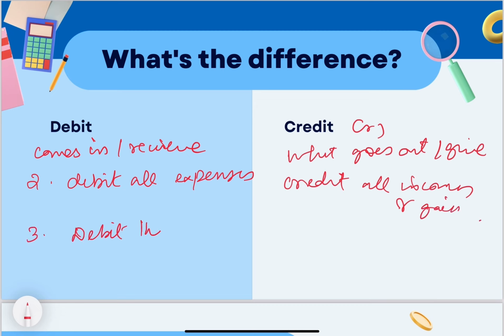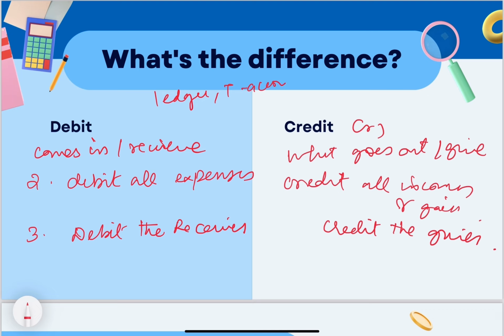Third, debit the receiver and credit the giver, because there are so many MCQs based on this. We'll talk about ledger and T account and everything in the coming slides. Right now, just be sure about what a debit is, what a credit is, and what the three golden rules of accountancy are.